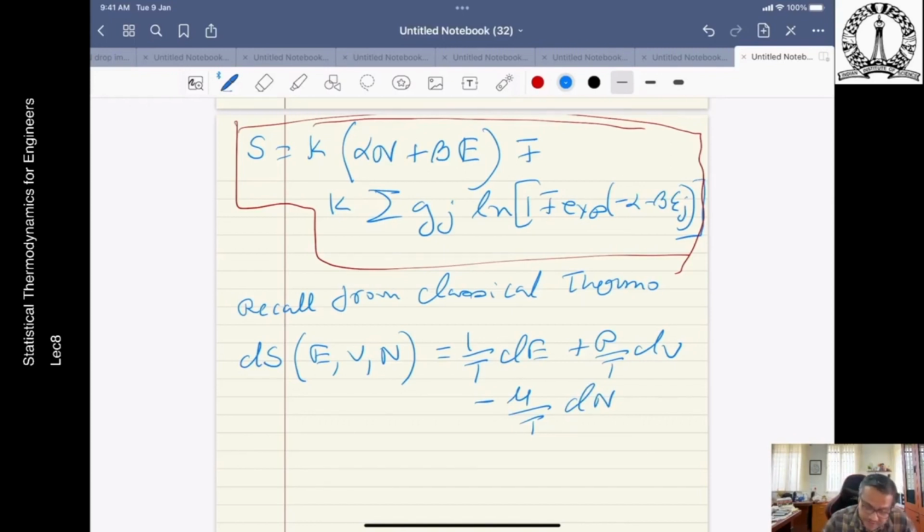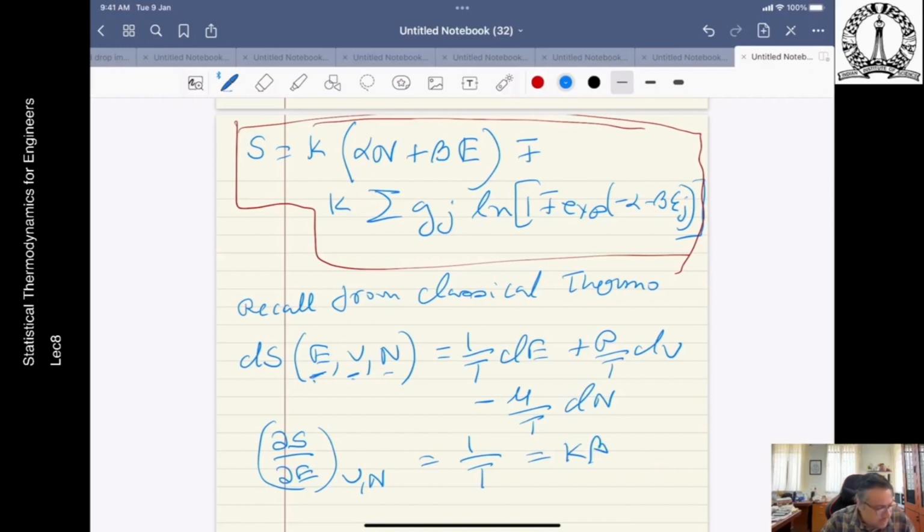It is in terms of the three variables: energy, volume, and number. So therefore, dS by dE, keeping V and N constant, is equal to 1 over T, which is nothing but K beta.